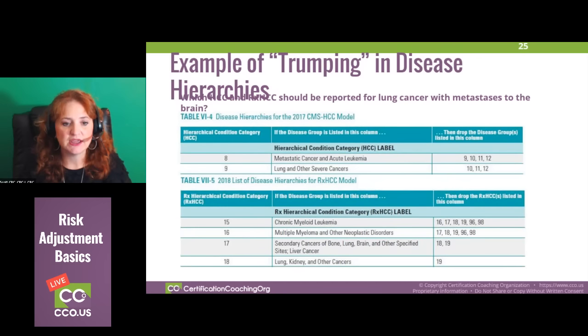We are looking at a chronic myeloid leukemia. The medicine it takes to take care of that patient is going to trump 16, 17, 19, also 96 and 98. You have to go look and see what the RxHCCs are for 96 and 98. All right.